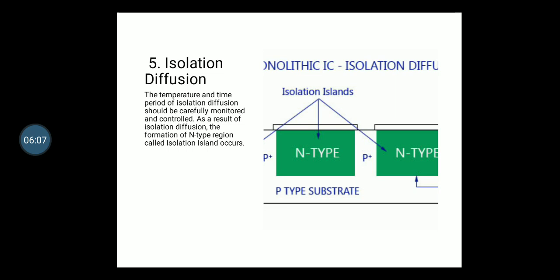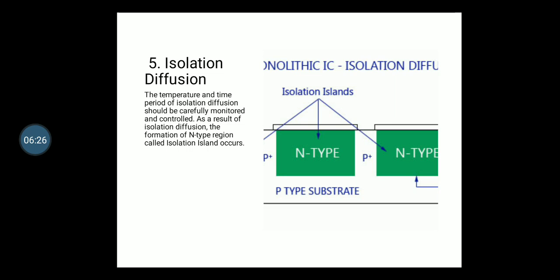For this, SiO2 is removed from 5 different places using the photolithographic technique. The wafer is next subjected to a heavy p-type diffusion for a long time interval so that p-type impurities penetrate the n-type epitaxial layer and reach the p-type substrate.